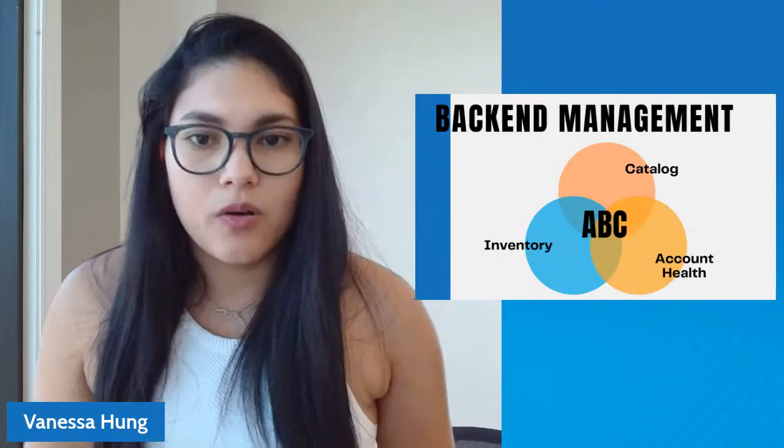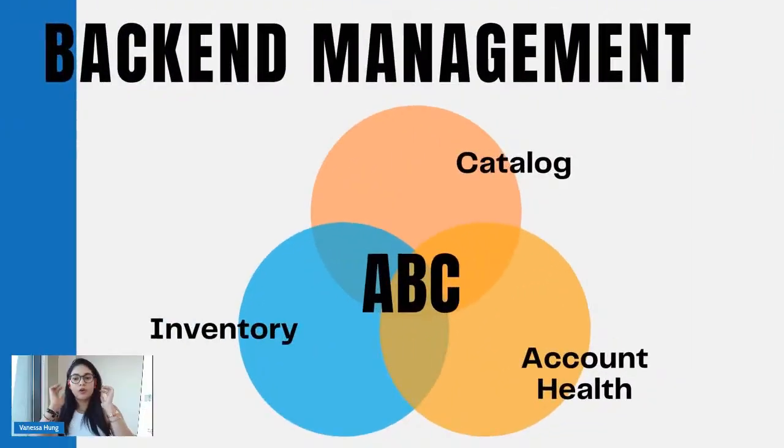Perfect. So, backend management. For the ones of you that don't know what backend management is, we're going to be covering three main areas: your catalog, your inventory, and your account health. And that's the ABC of Amazon in Seller Central. That's why we call it Amazon backend calibration, because a lot of times I see sellers that think that the catalog is completely separate from their account health, or their account health is completely separate from the inventory.